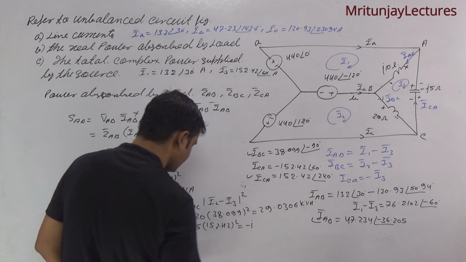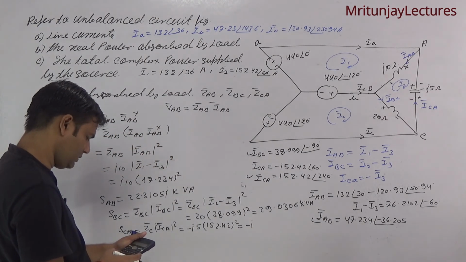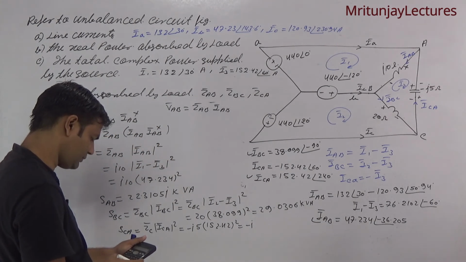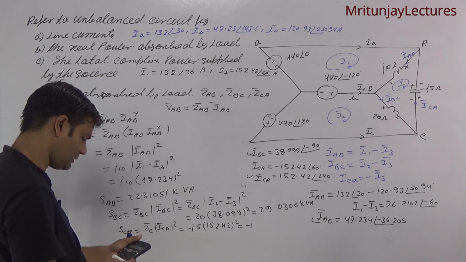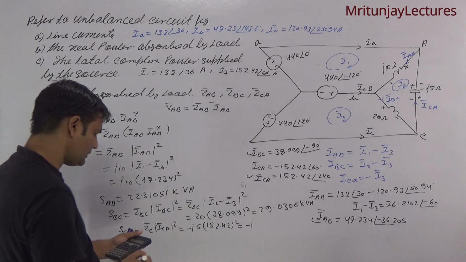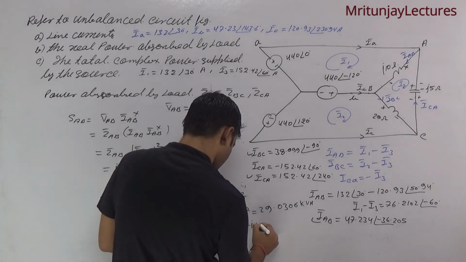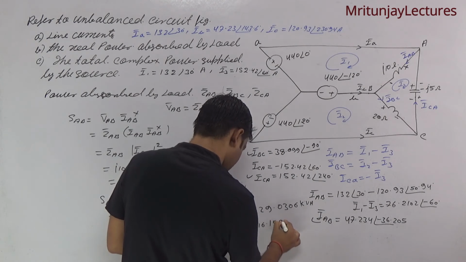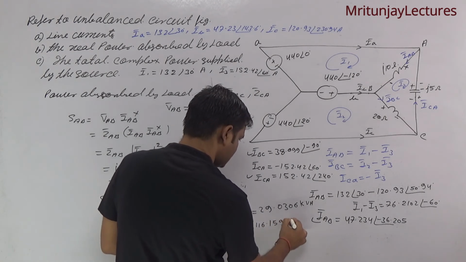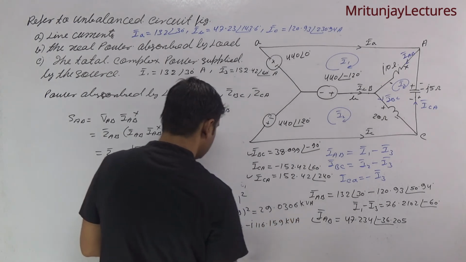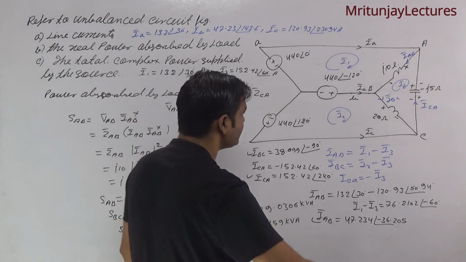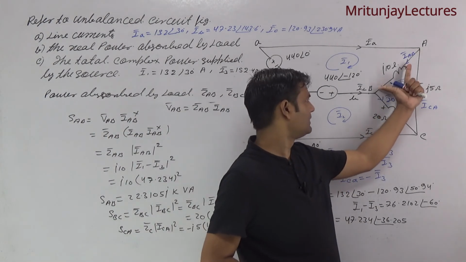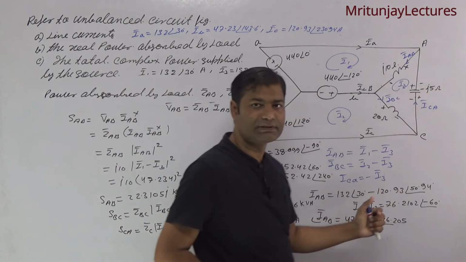We got minus J 152.42 to the whole square into 5, that is 116.19 kVA. Okay, the complex power corresponding to load S of AB, S of BC and S of CA is like this one.